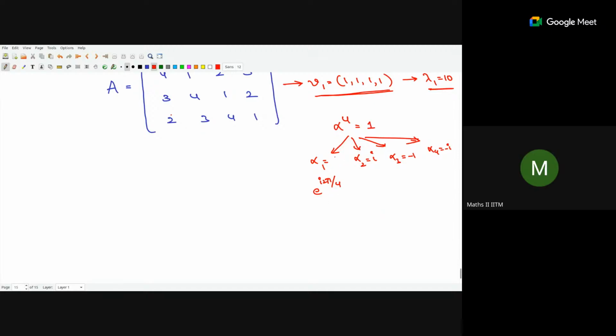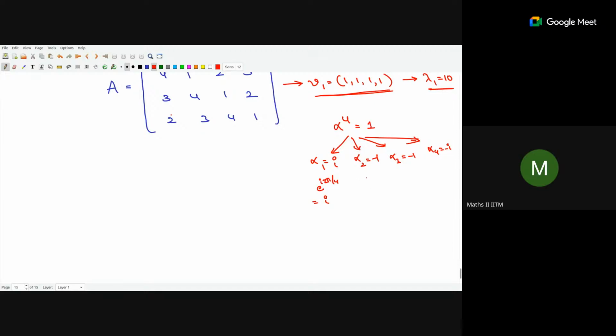We should start from i. It is e power i 2 pi by 4. This will give us i. If I just square this, it will give us minus 1.